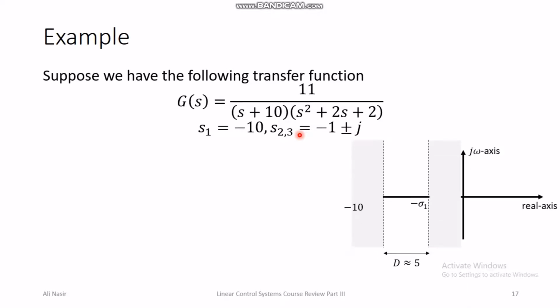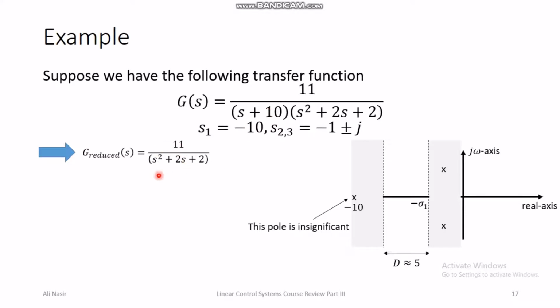So we have this situation where two poles are in the dominant region, and one pole is in the insignificant region. So we can drop this pole, as it is insignificant. If we simply drop this pole without any care, then this is the reduced transfer function that we obtain.